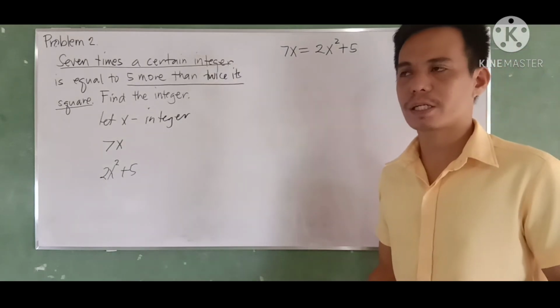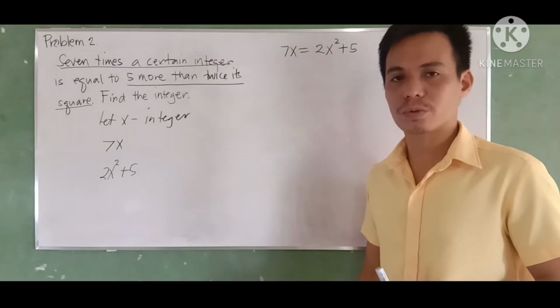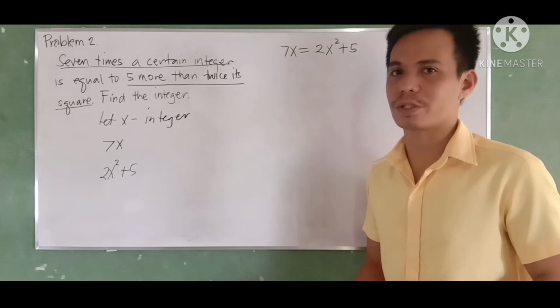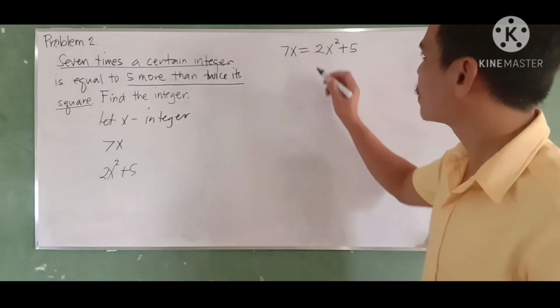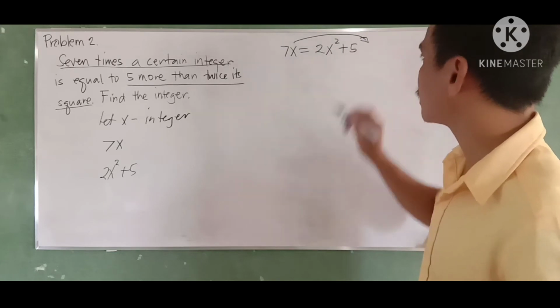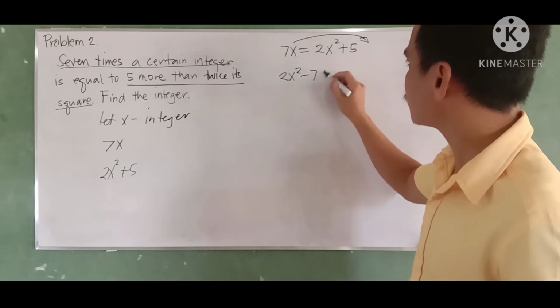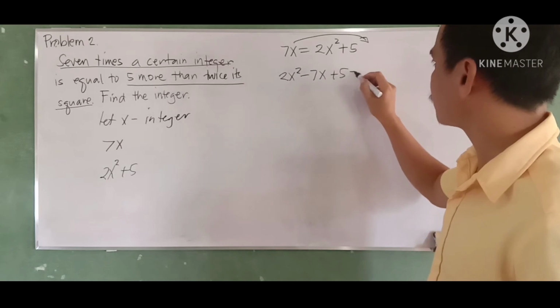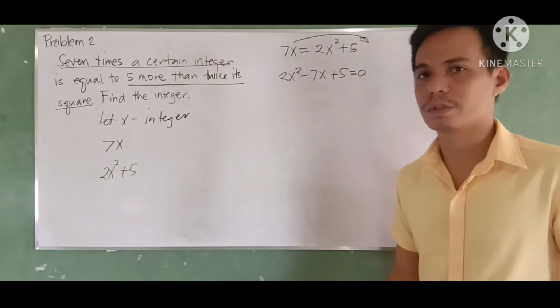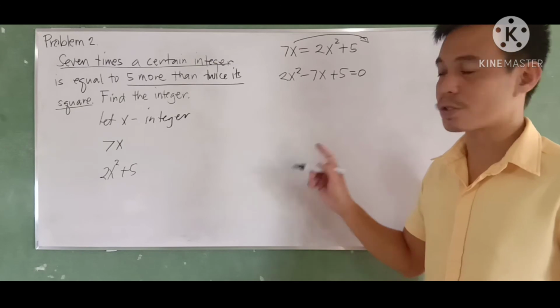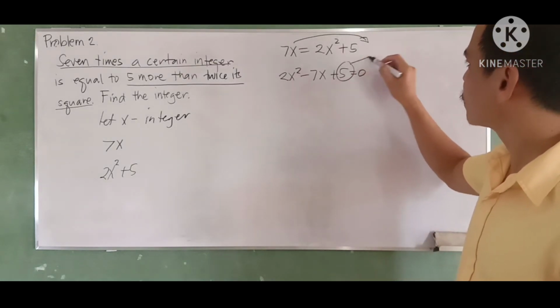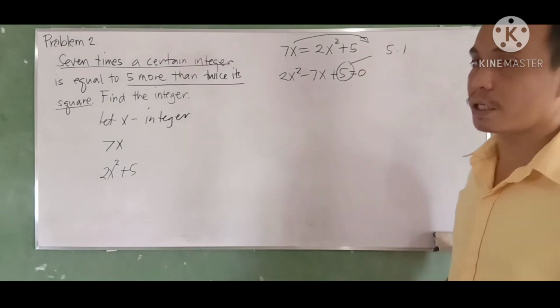So paano isosolve natin to is form into a standard form of a quadratic equation. So we have, just transpose 7x on the other side, we have 2x squared minus 7x plus 5 is equal to 0. Then we have to factor out your constant part. So factors are 5 and 1.